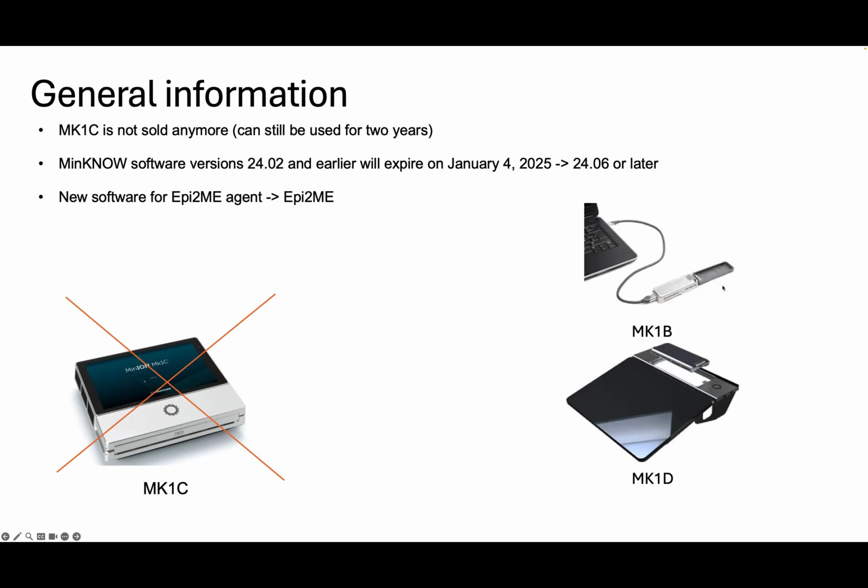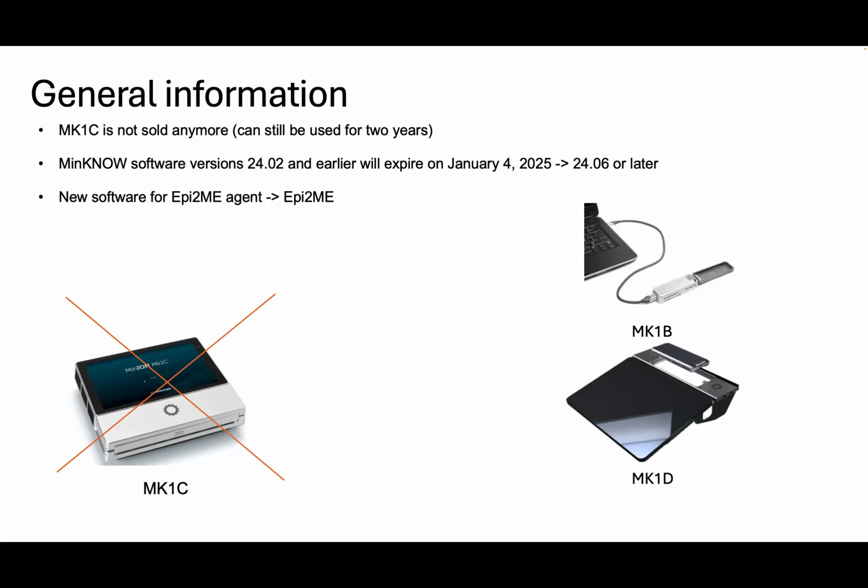So you've got the MK1B, which you can connect to your laptop or computer. And then you've got the new device, which is the MK1D, which is also quite small. It's comparable to the MK1B, but you can also get it together with a tablet, so you don't need your own laptop or computer anymore.